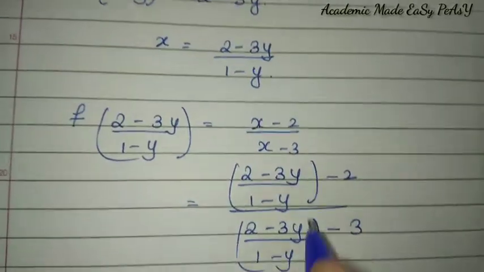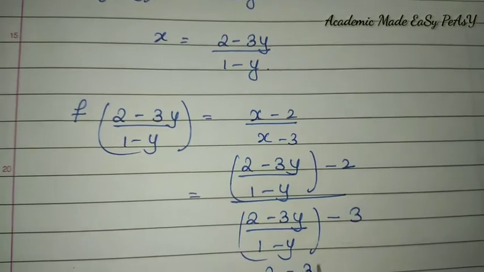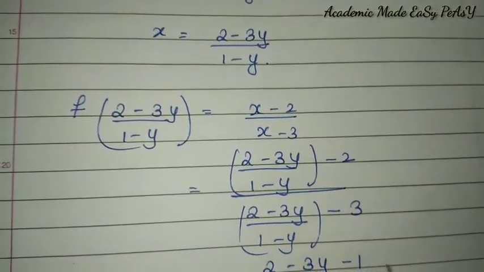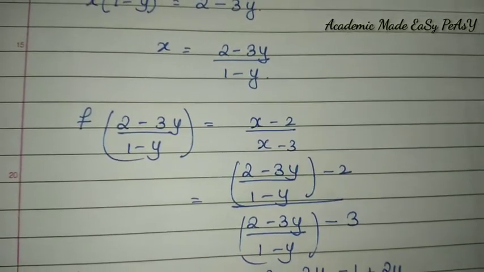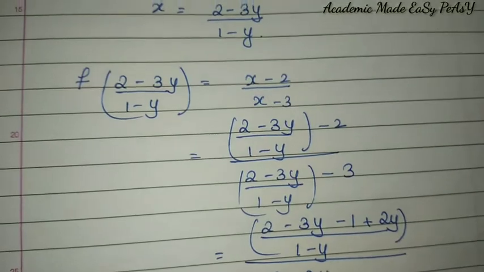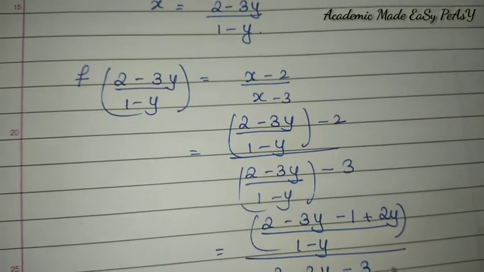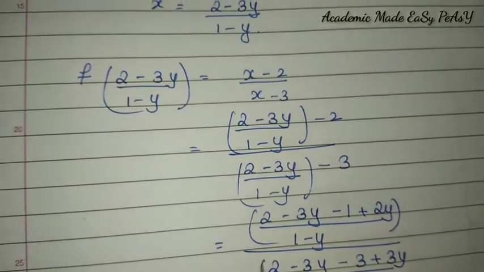Okay, so now cross multiplying all those, (2 minus 3y minus 2 plus 2y) divided by (1 minus y), the whole thing divided by (2 minus 3y minus 3 plus 3y) divided by (1 minus y).